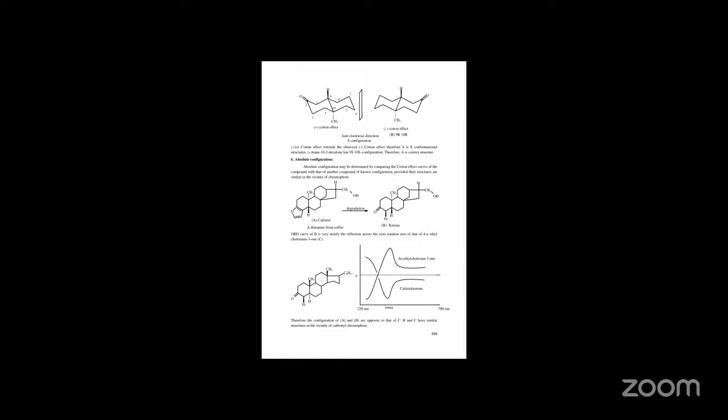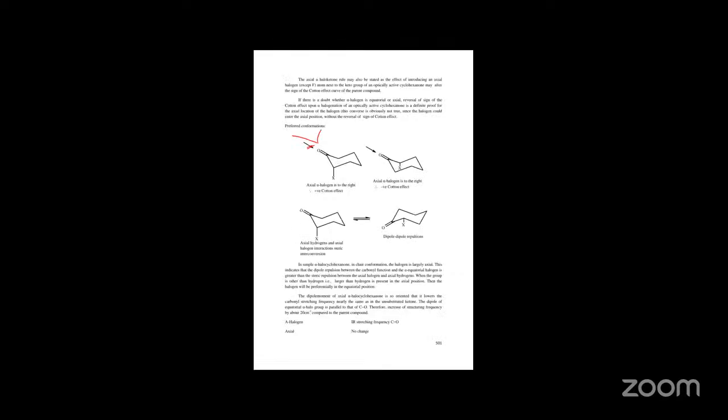That means when the observer is observing the molecule through this carbon, if the halogen is on the right side it is positive; if it is on the left side, it is negative.